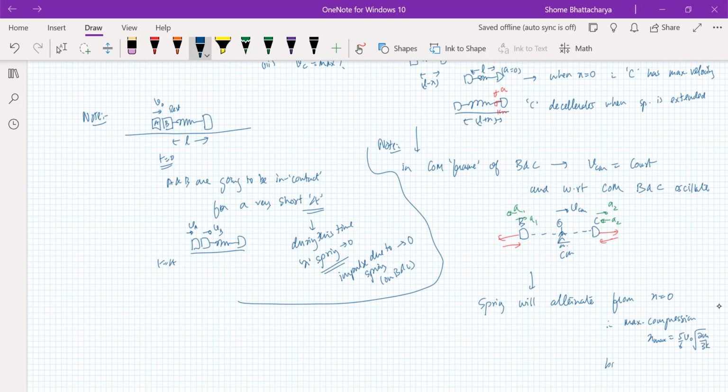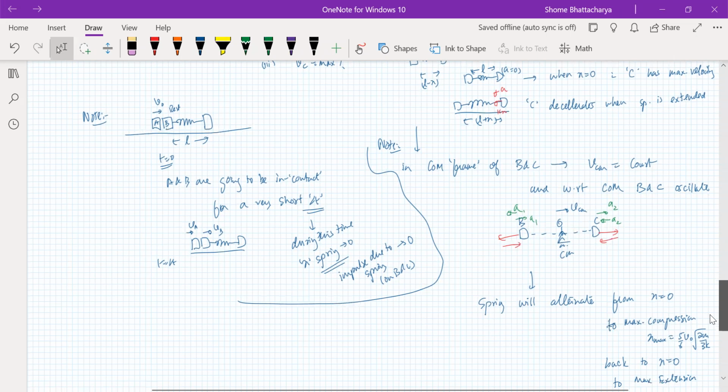Okay, then back to x equal to 0. Then back to maximum extension, and that maximum extension will also be the same.